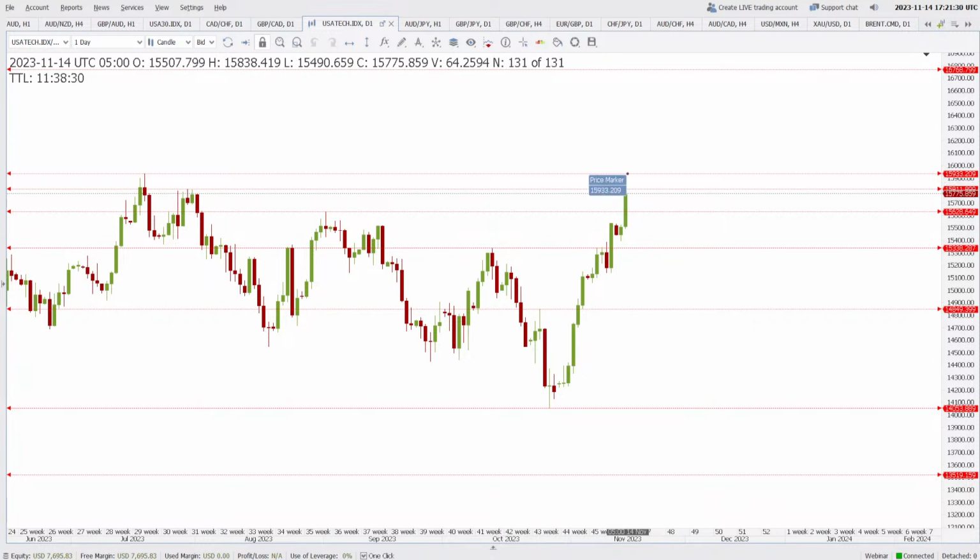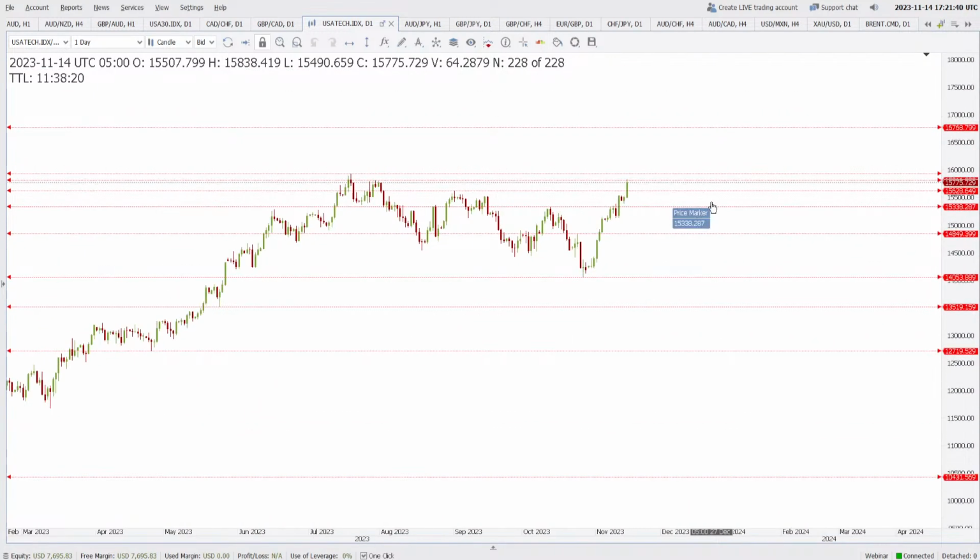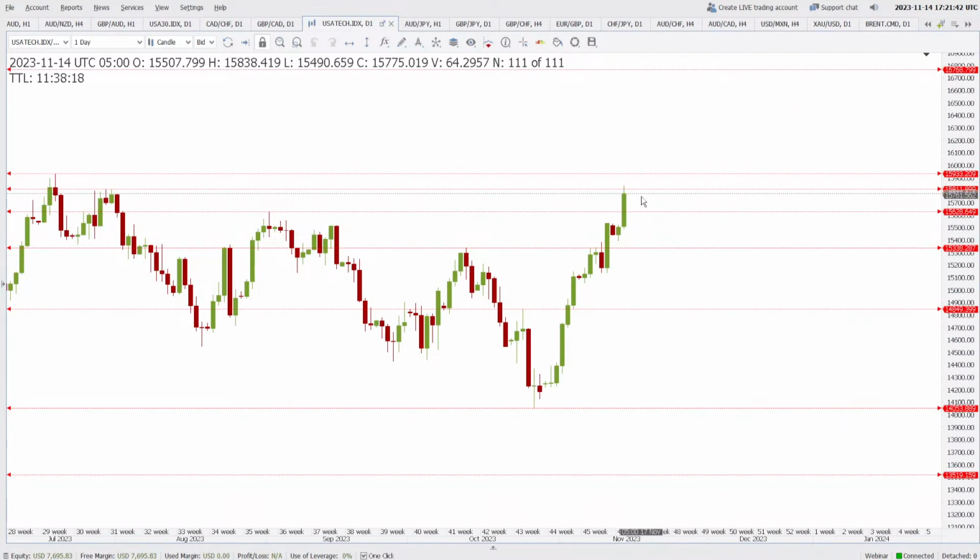I think from here the price may pull back to 15,811 again to give us another buying opportunity. I don't think anything else is possible here. Even if the price starts going down, it may find support around 15,338 or maybe even 15,628. So keep an eye on both these places if the price starts going down.